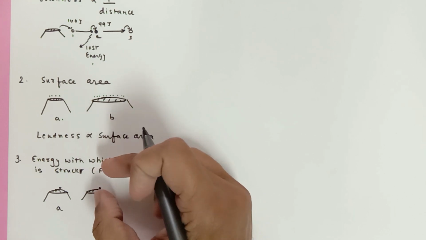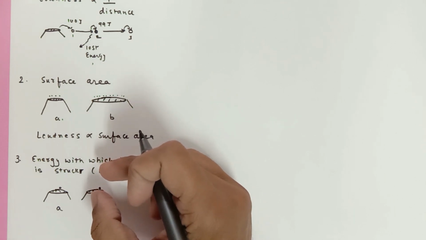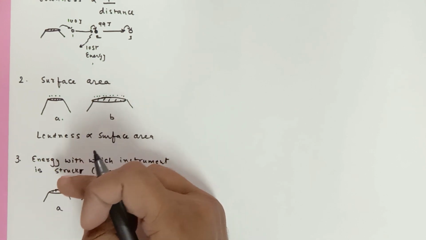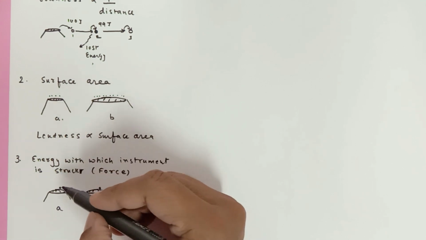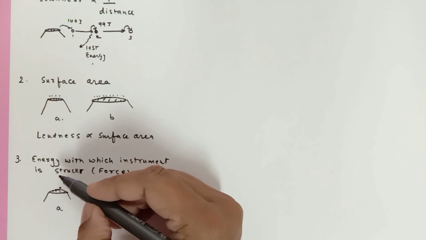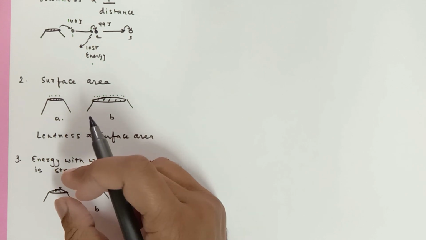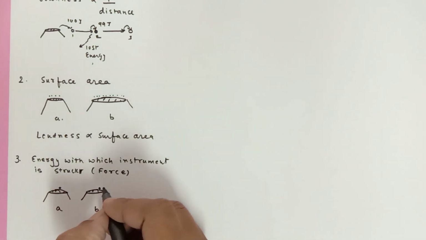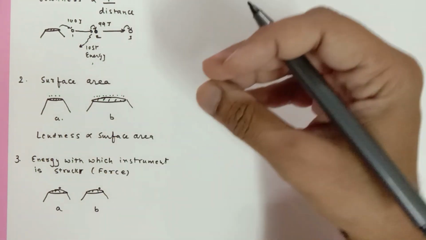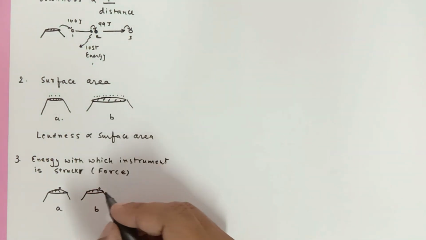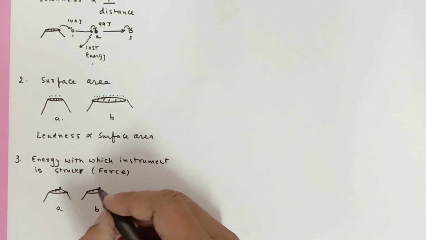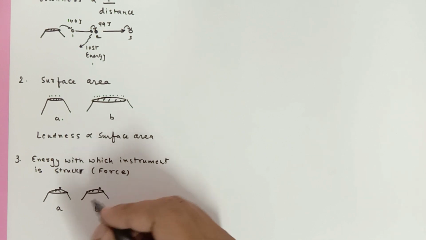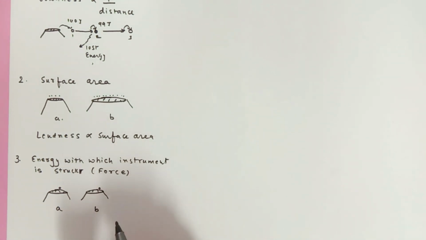So we can see the more the amplitude, the more will be the loudness. If you strike this drum with less force, the height of the paper going up will be comparatively less, so amplitude will be less, and a less loud sound. So the more the force, the more the energy you are putting into the drum, the particles will oscillate with more amplitude. More amplitude means more loudness.